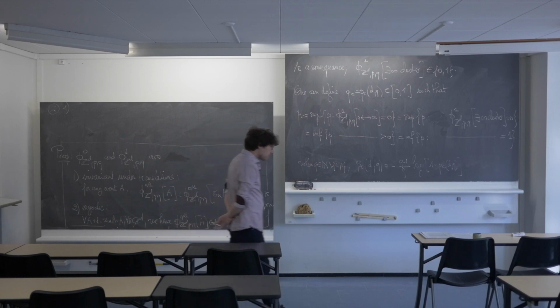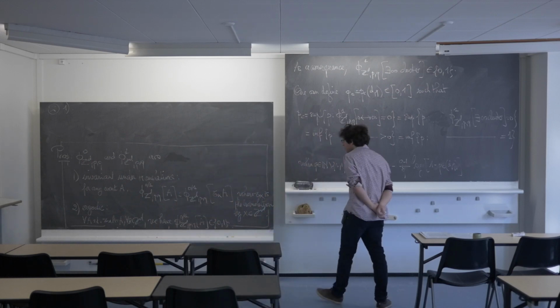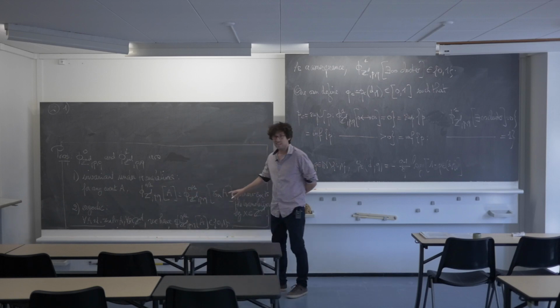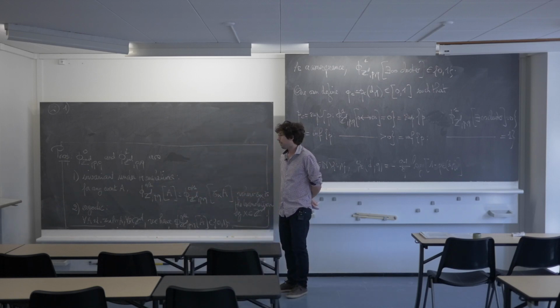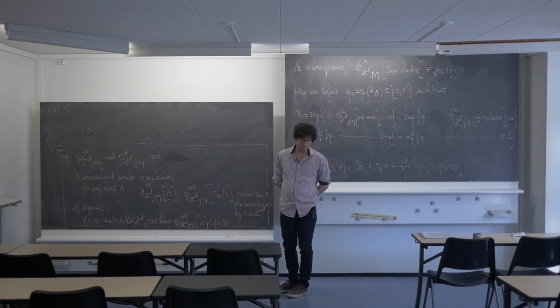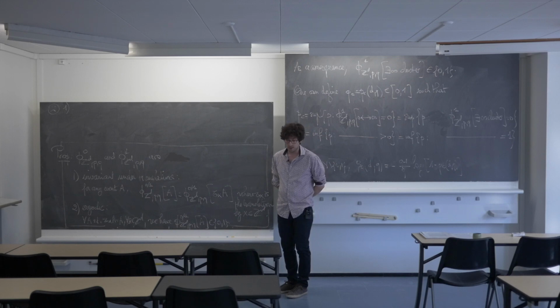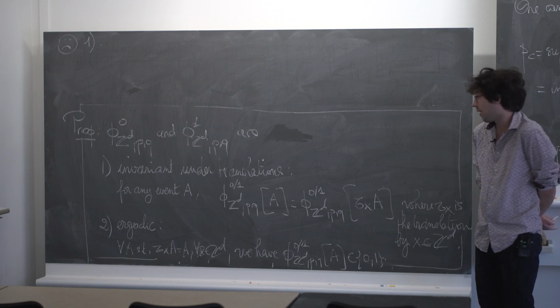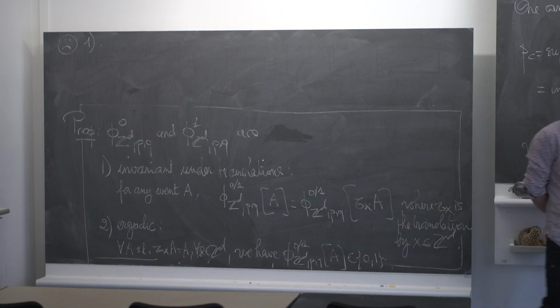And you will agree with me that in order to prove this property for any event A, by measurability, since every event A can be approximated by events depending on finitely many edges, it's sufficient to derive this property for events that depend on finitely many edges.